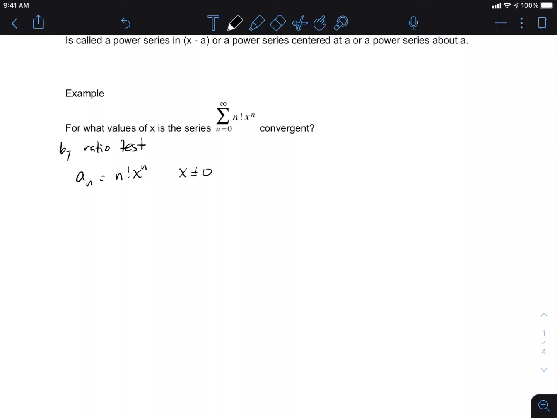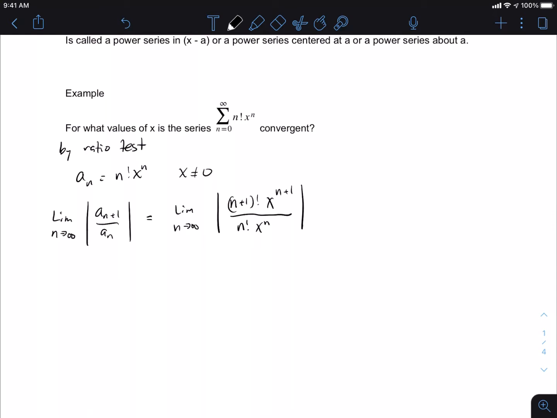So let's look at it. The ratio test tells us to take the limit as n goes to infinity of a sub n plus 1 over a sub n, and we're doing it absolutely. So the limit as n goes to infinity of n plus 1 factorial x to the n plus 1, that's going to be my a sub n plus 1, over my a sub n, and we have that as n factorial x to the n, correct?